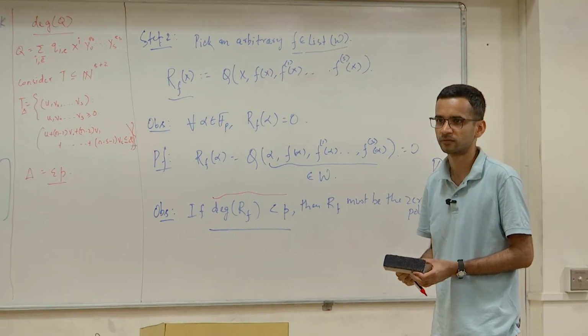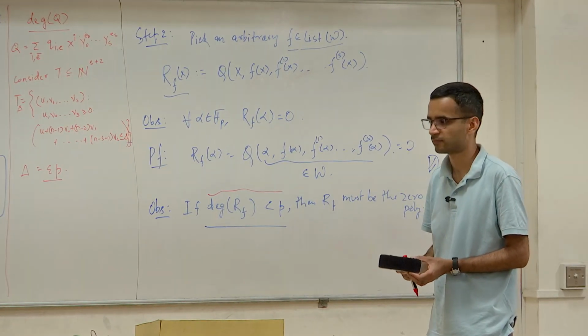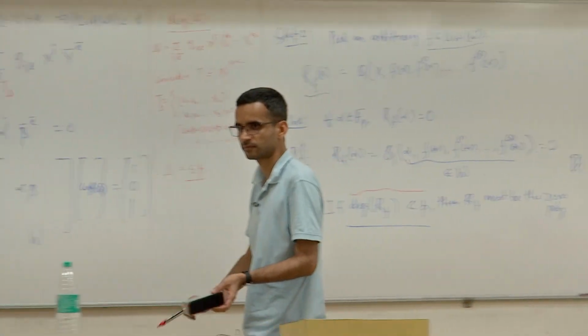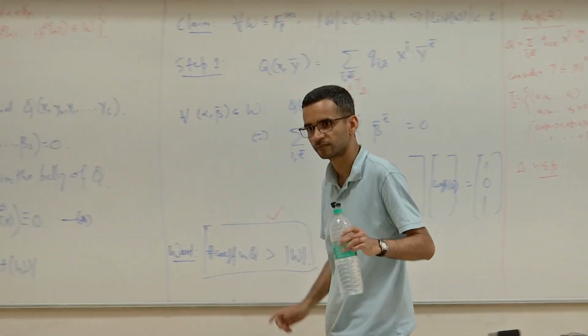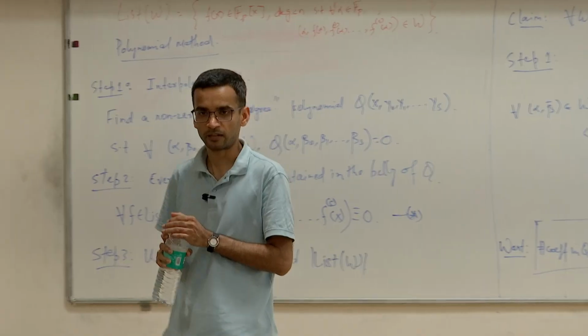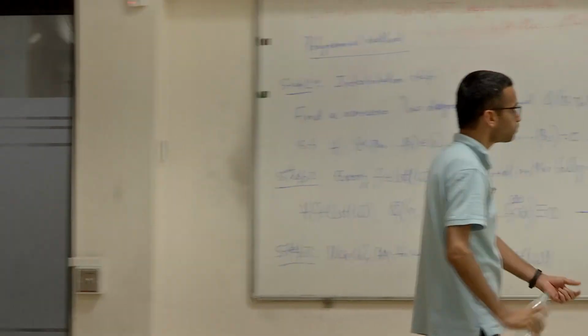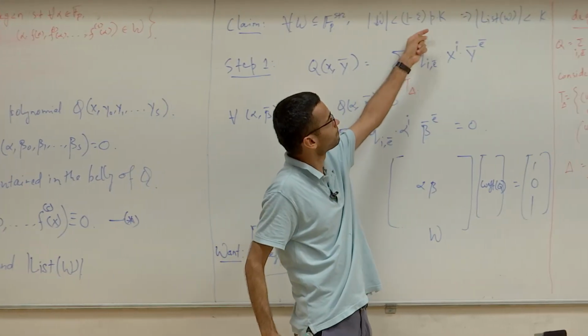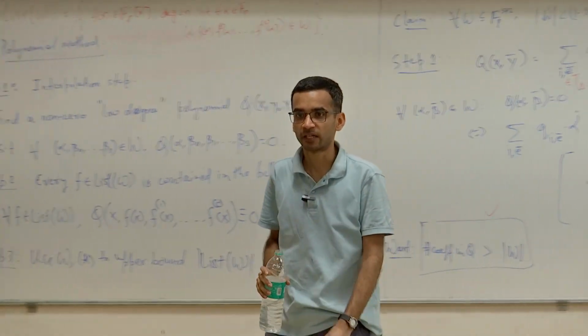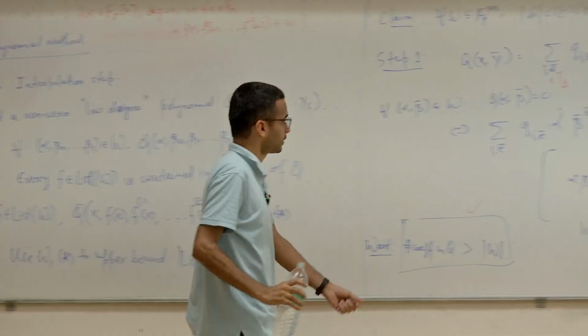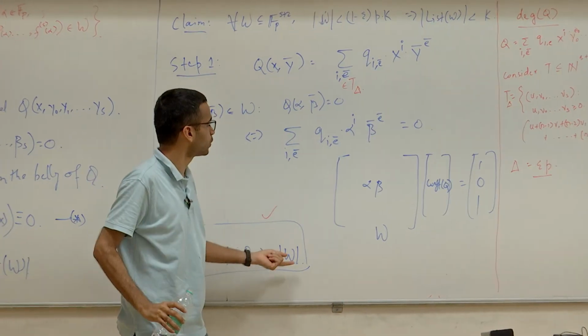Questions so far? Yes. Where will we get the dependence on the other one, K, from? This statement will hold for all sets such that W is smaller than 1 minus epsilon times pk, right? So where does the K come in? It will come up when you try to do this calculation.